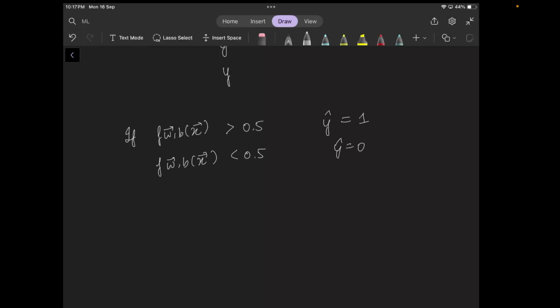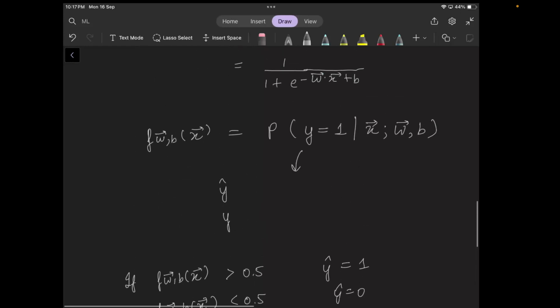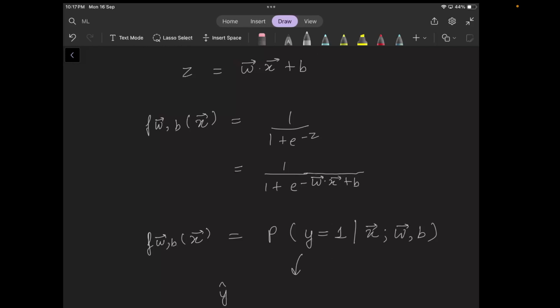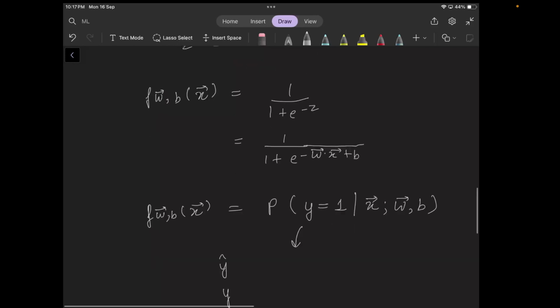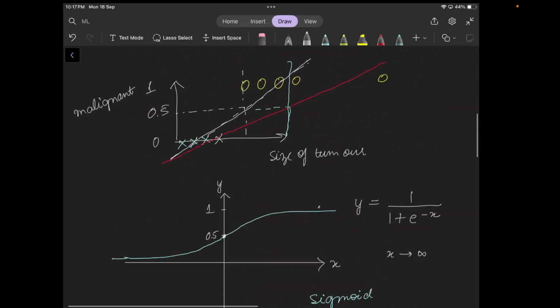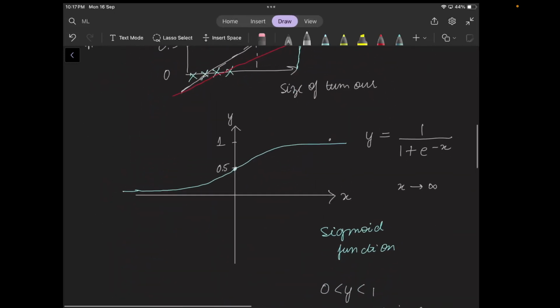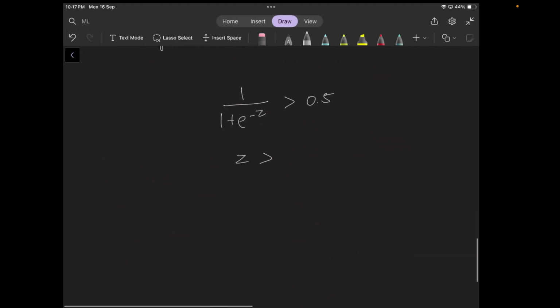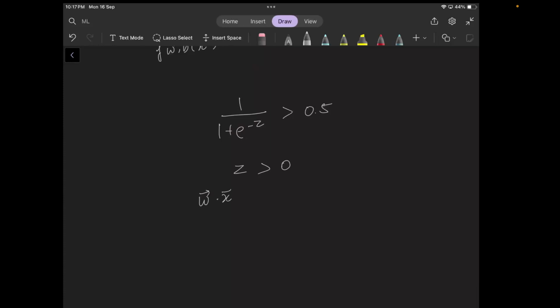Now when would the function give me a value greater than 0.5? When 1 upon 1 plus e to the power minus z is greater than 0.5, if you look at the graph, z would be positive. Now what was z? z was w dot x plus b.